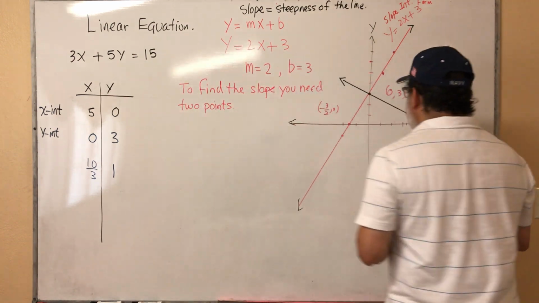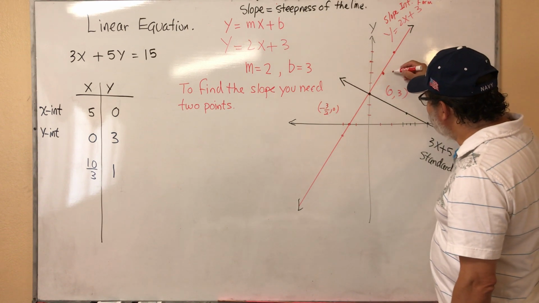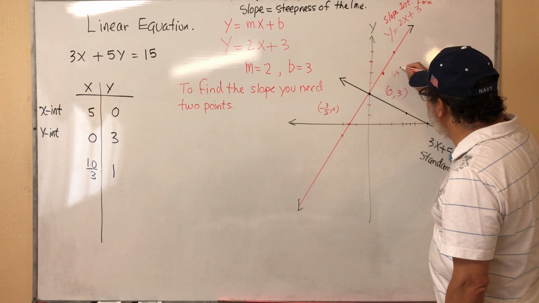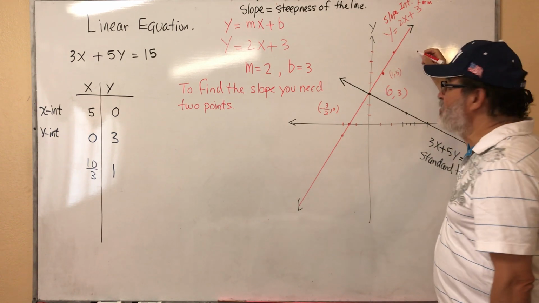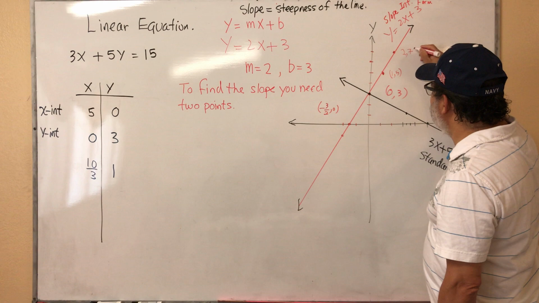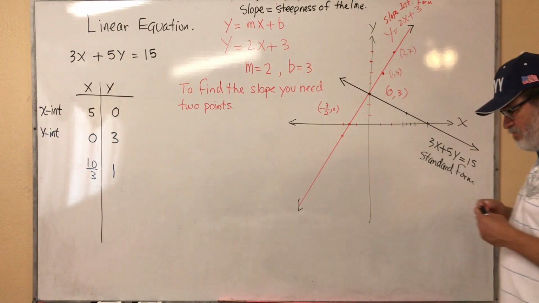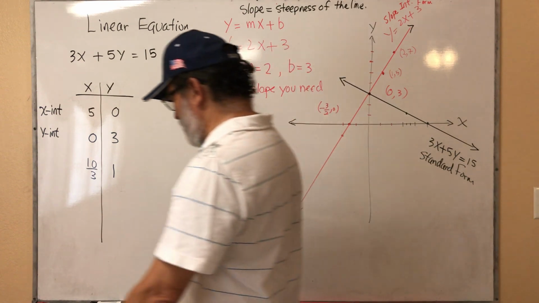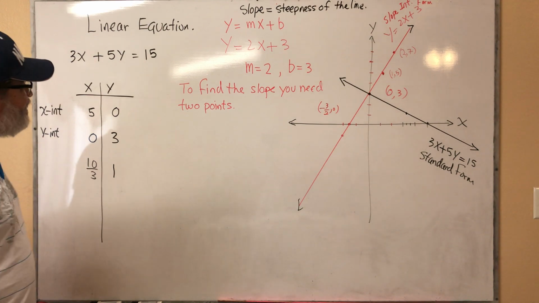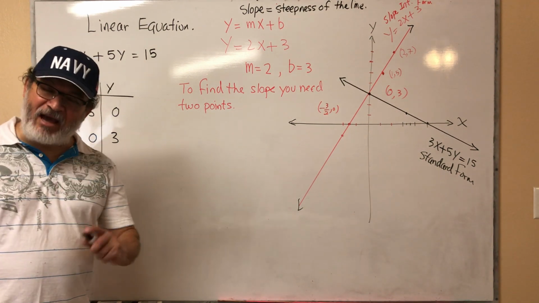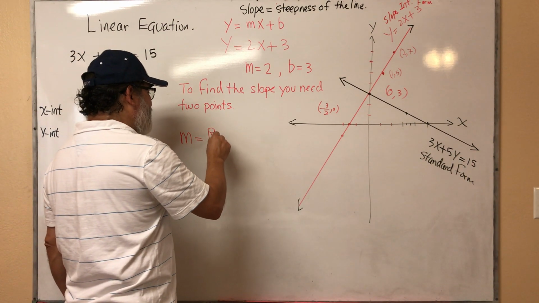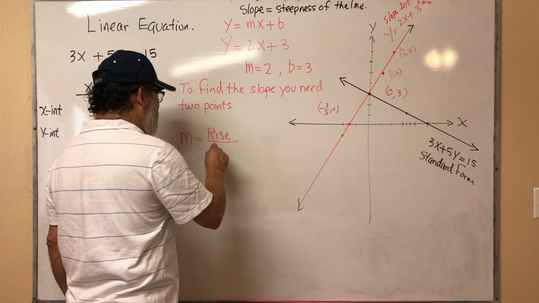Now don't forget, you see this point? This point is (1, 5) for the red line. You see this point? This point is (2, 7). Okay? How is the slope found? The slope is the rise over the run.